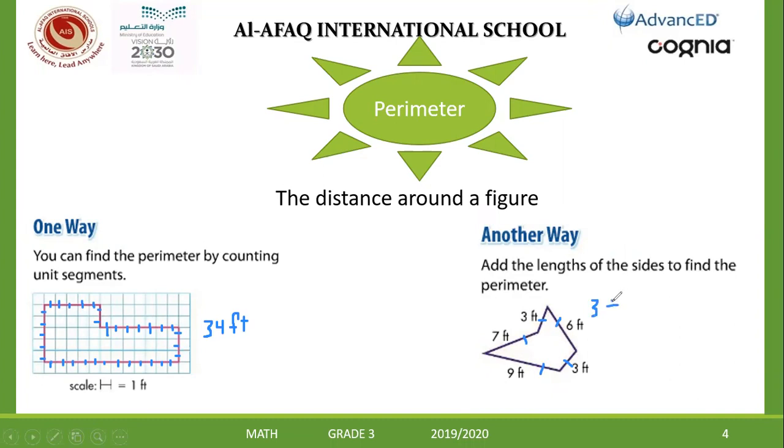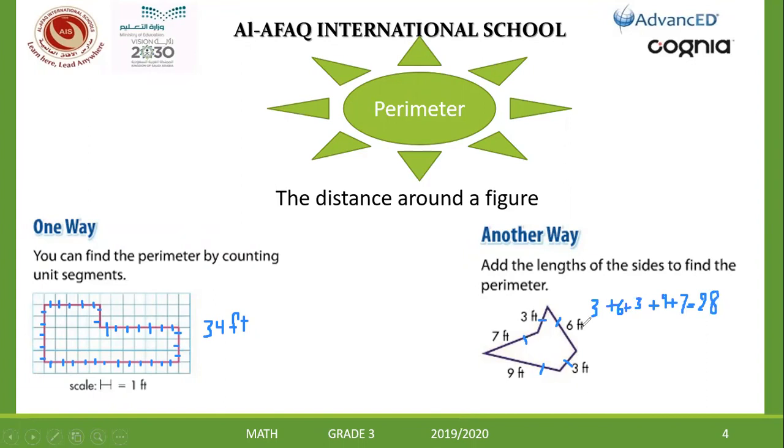3 plus 6 plus 3 plus 9 plus 7. Add all of them together: 3 and 6 is 9, 9 and 3 is 12, 12 and 9 is 21, 21 and 7 will be 28.